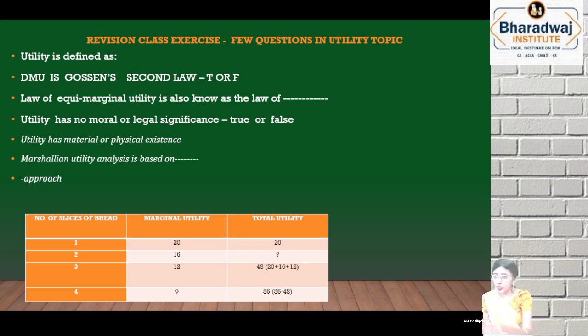In this calculation, you have to fill in the question mark. Numericals, the tabular column. I told you in the previous slide, numericals are important. So you are going to calculate one for TU, one for MU.